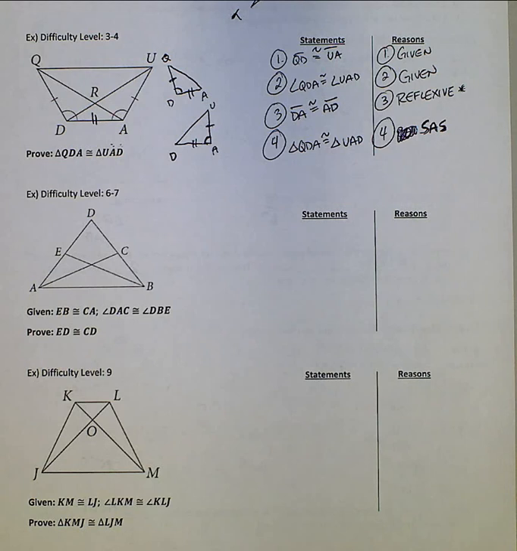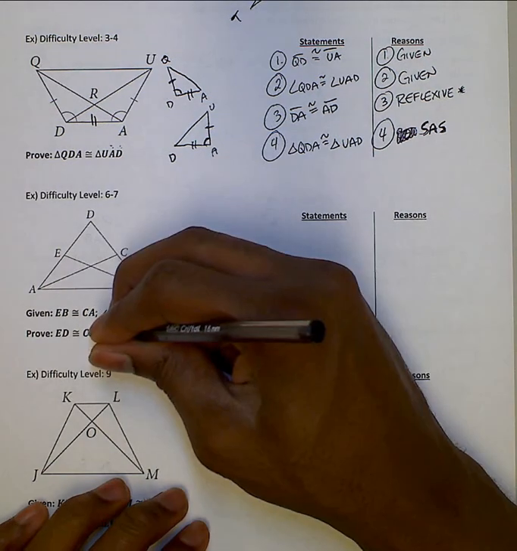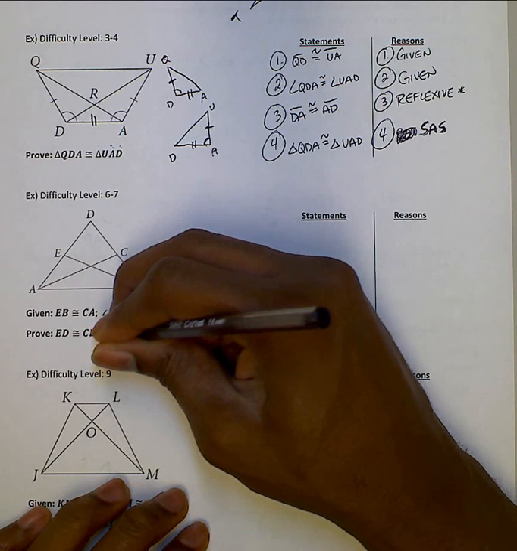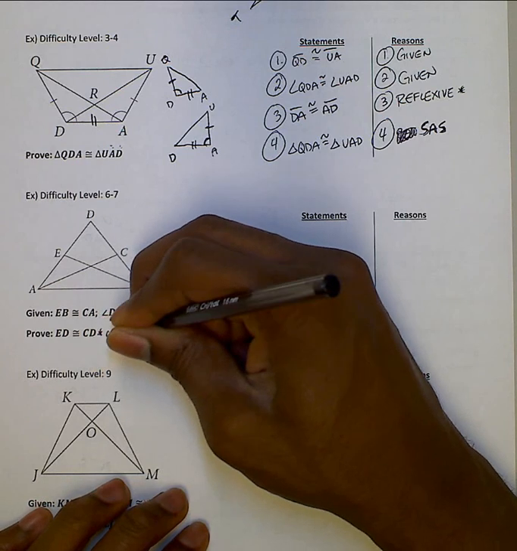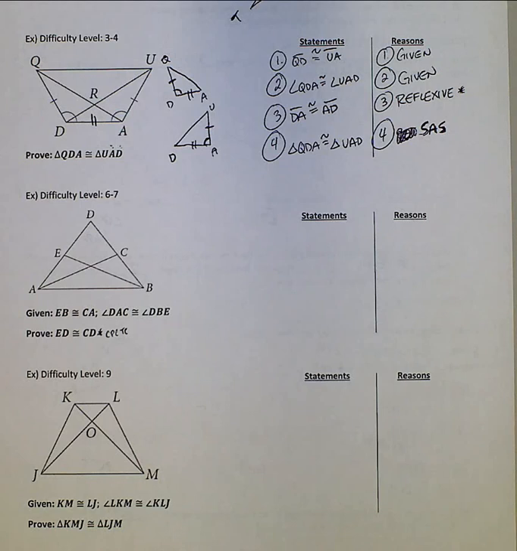Alright, let's try the next one. This one's a little bit difficult in the sense that we don't necessarily know which triangle they're talking about first, because they're asking us to prove that CD is congruent to ED. And so CPCTC leads us to know that we're probably going to use that, because we're proving two parts. We've got to find out which triangle is helpful for us.